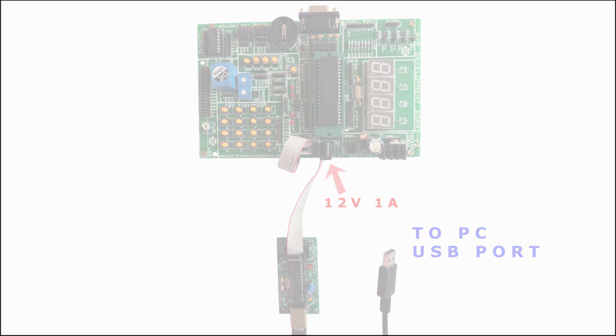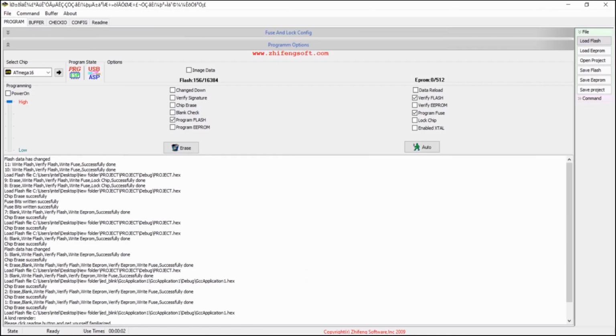Once you have done this, open the ProgISP software and choose the required microcontroller in the select chip drop down box. Then check the program flash checkbox, and then check the program fuse and verify flash checkboxes. And then you want to set the clock to external crystal oscillator in the fuse bits configuration.